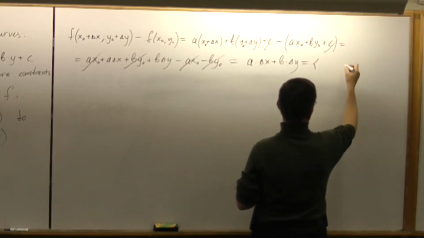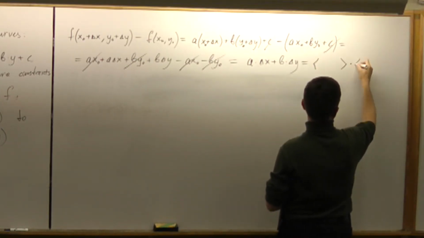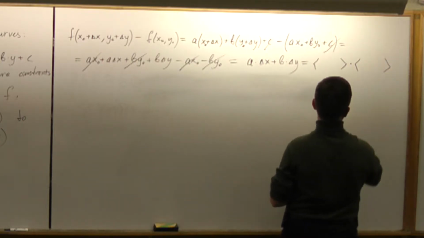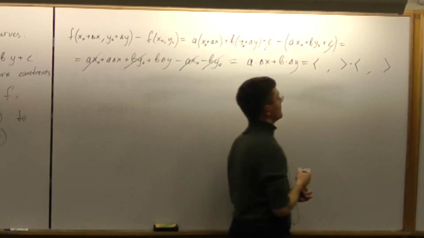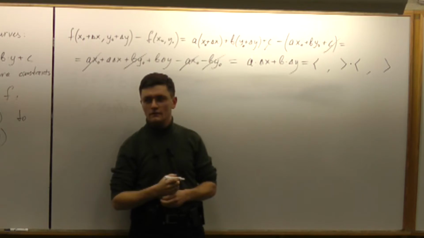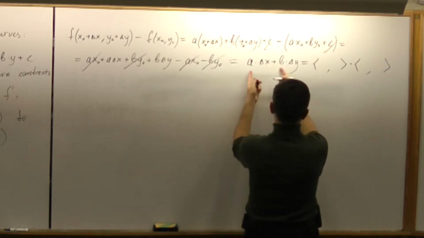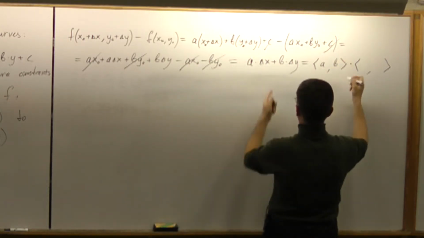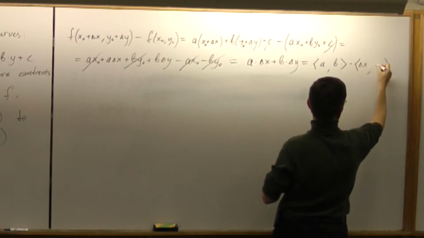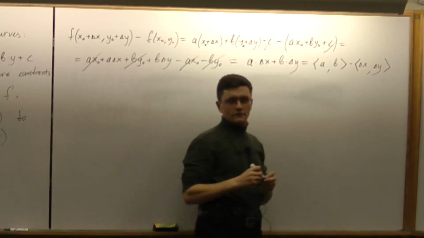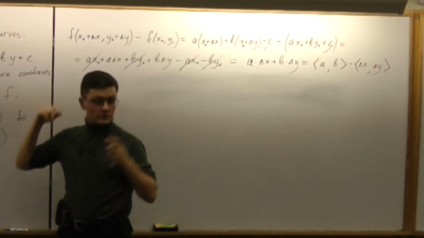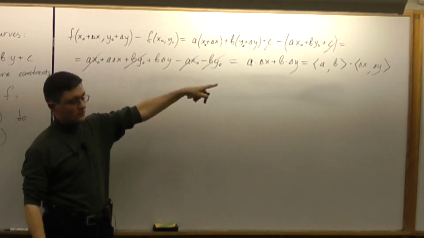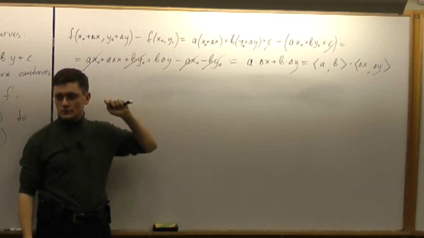And if you are to make this a dot product of two things, what would you pick for those things? Well, a and b, right? And delta x and delta y. So the change of f is equal to the dot product of those two things.